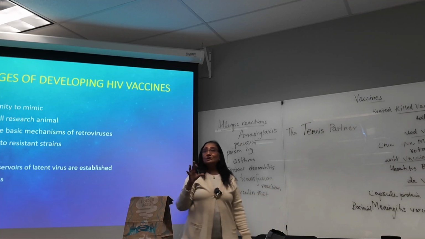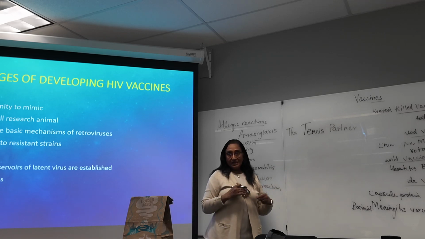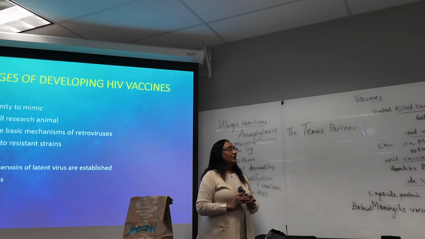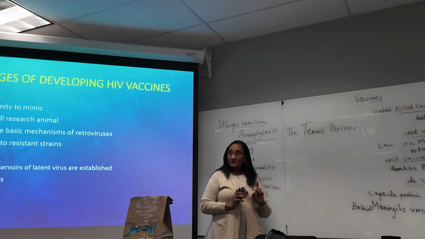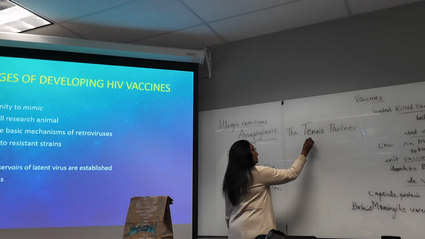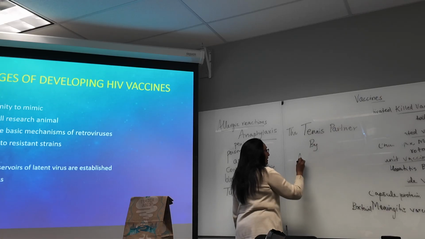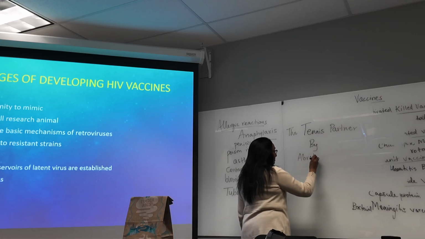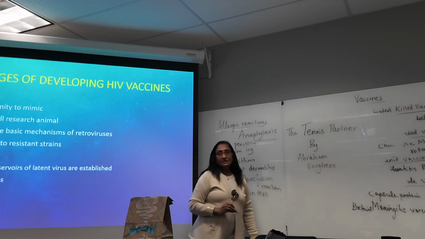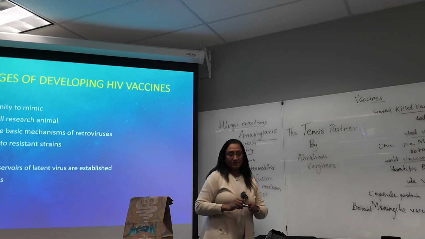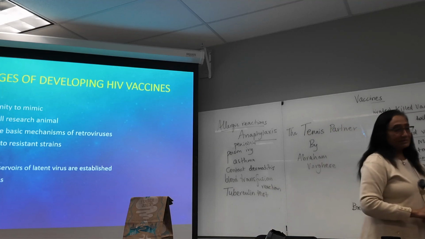I think he came to the US around the 1980s when HIV was going on. If I remember right, this is a true story. The author is Dr. Abraham Verghese. It's a pretty good book. It talks about HIV and things like that.